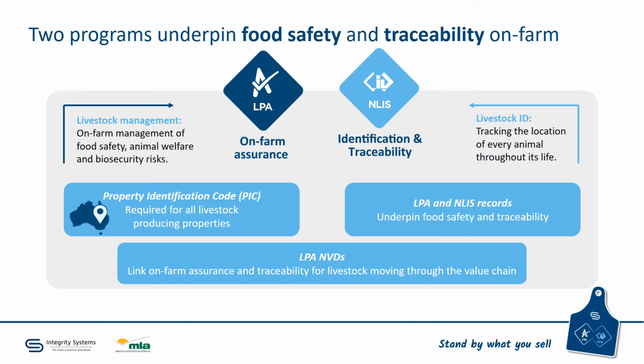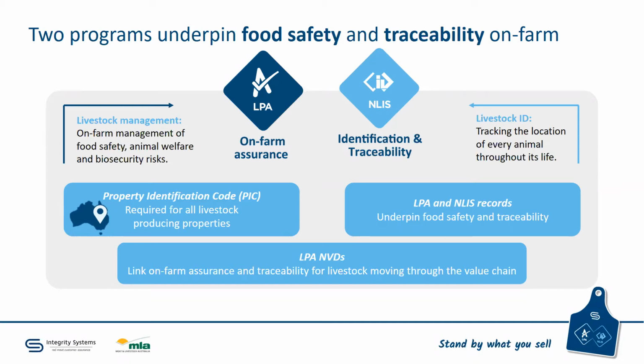Through incorporating the PIC register from each state and territory into LPA and NLIS, that is actually the only way that traceability and food safety is managed at a national level, because those two systems have PICs from every state within them. The PICs in each state are managed separately, but through these programs they're managed nationally.